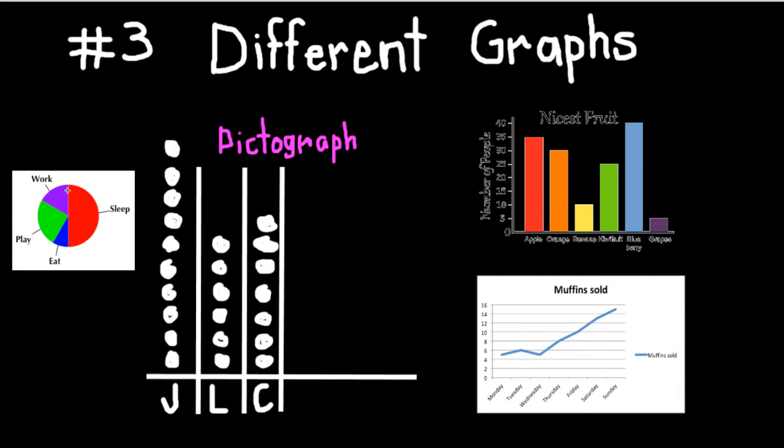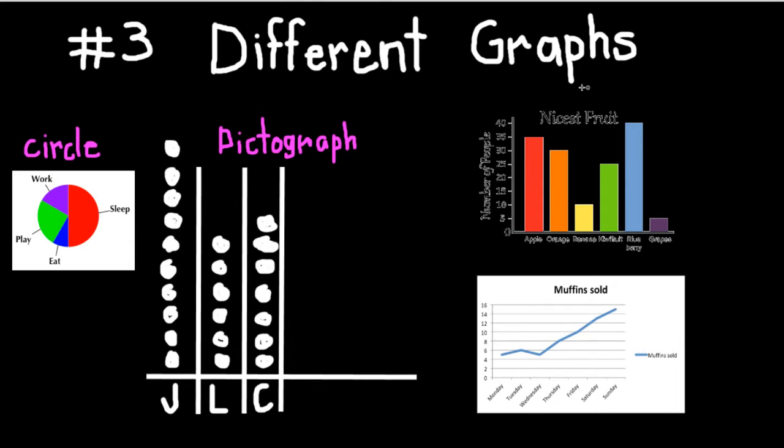A little bit is spent working. A lot more is spent playing. And then a little bit of time is spent eating. So that's a good example of a circle graph. Circle graph, okay?